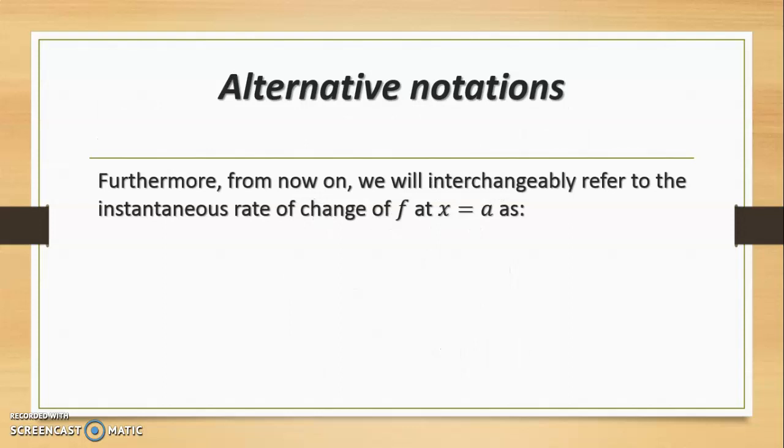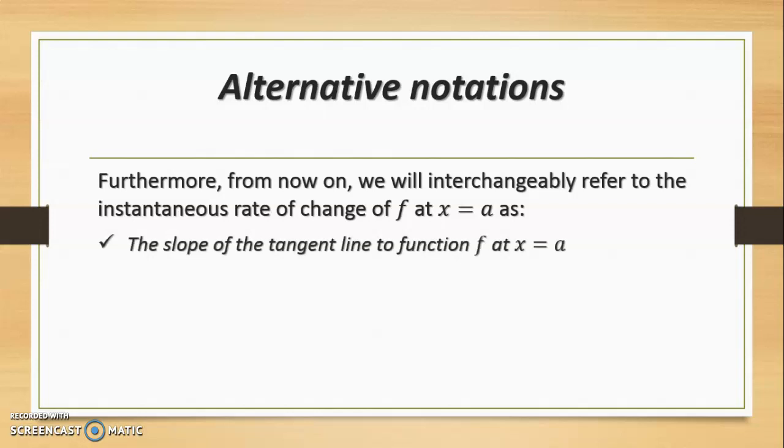Finally, in terms of vocabulary, we can interchangeably refer to the instantaneous rate of change of f at x equals a as the slope of the tangent line to the function f at x equals a. Actually, I've already started using the word slope quite a bit even in this video.